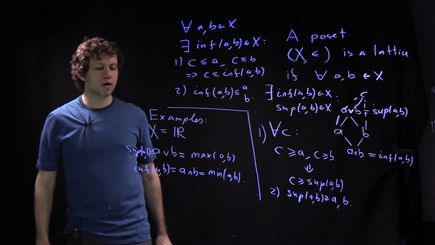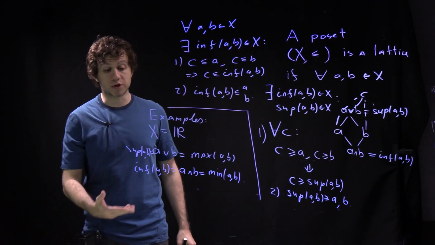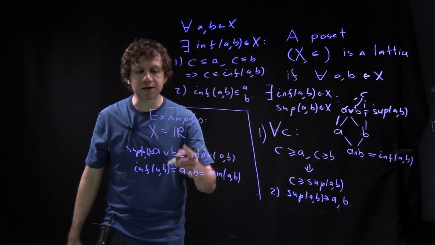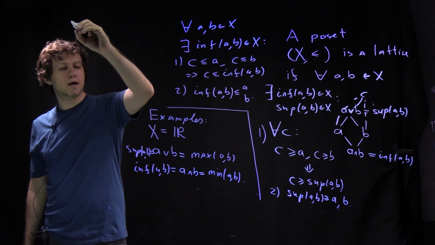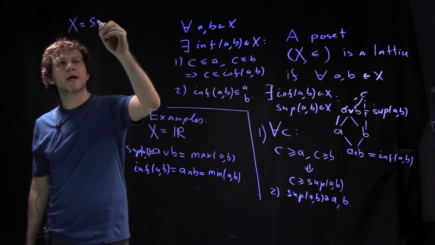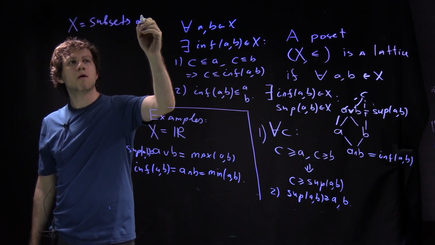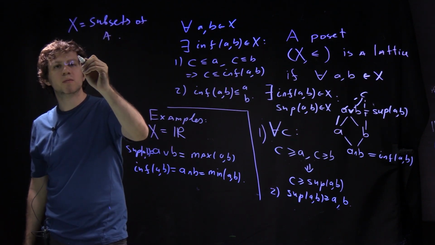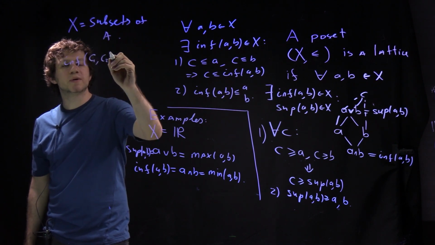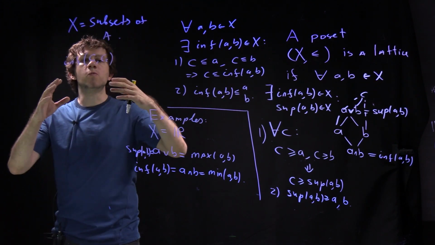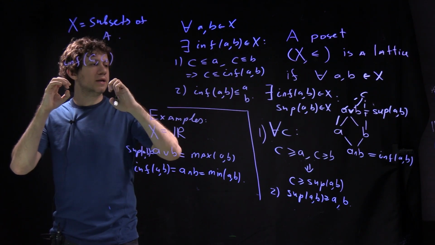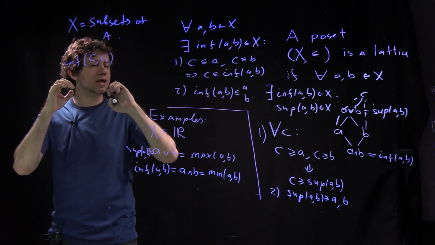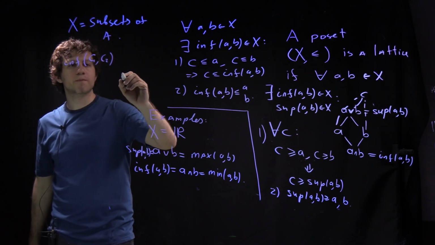But if your poset is not so simple, if not any two elements are comparable, then it's slightly more complicated. For instance, if you take as X subsets of A, then it's really easy to see that the infimum of two sets should be some subset inside both of them, which contains every subset less or equal than both of them.